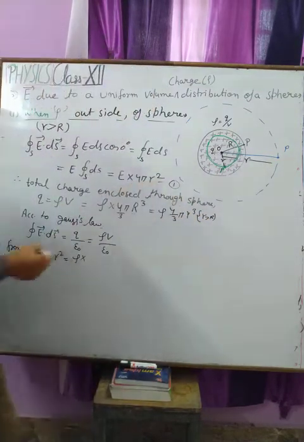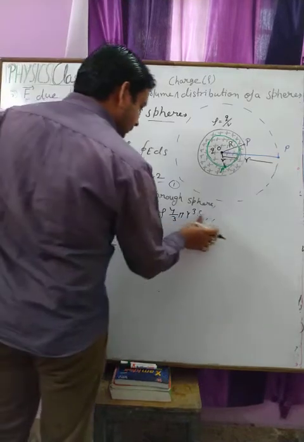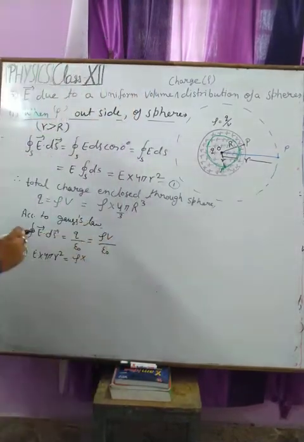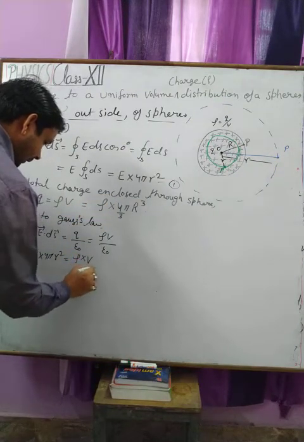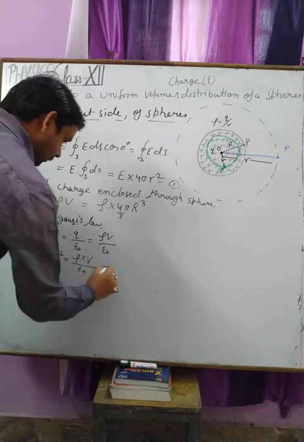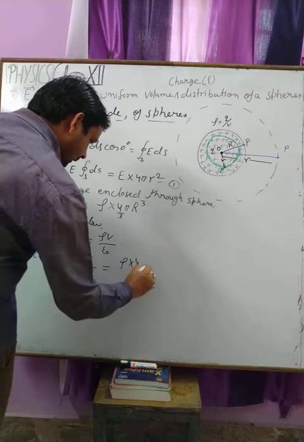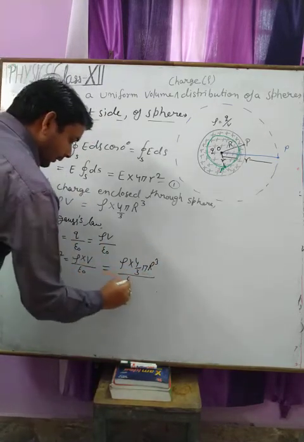So we change this r cube with this relation, and use the same value, no problem. That is rho v upon epsilon naught. So you have the result: rho into 4 by 3 pi r cube upon epsilon naught.